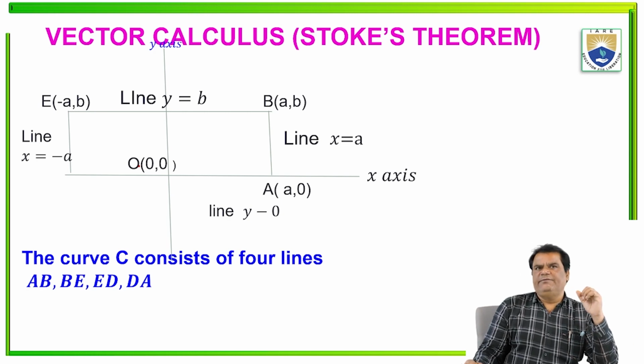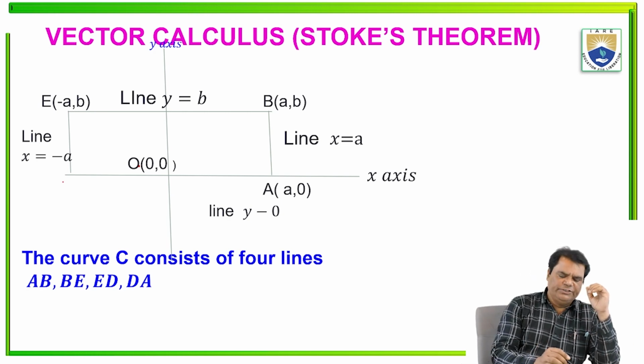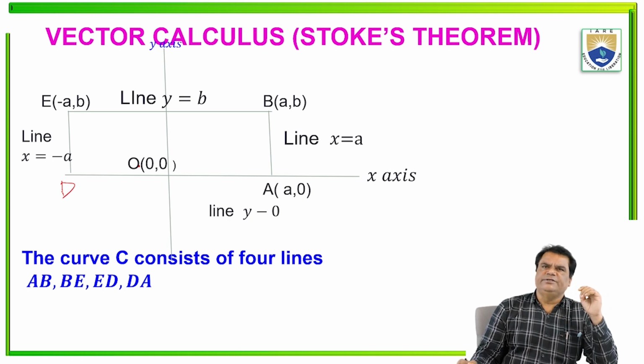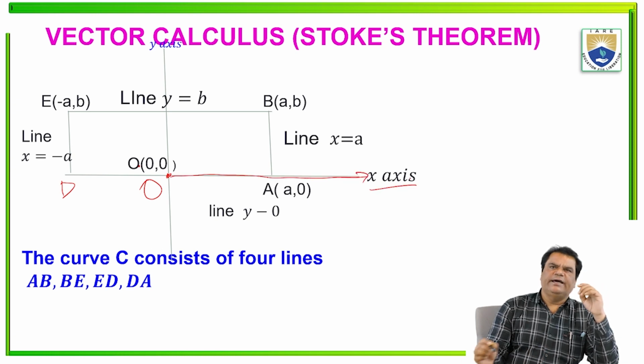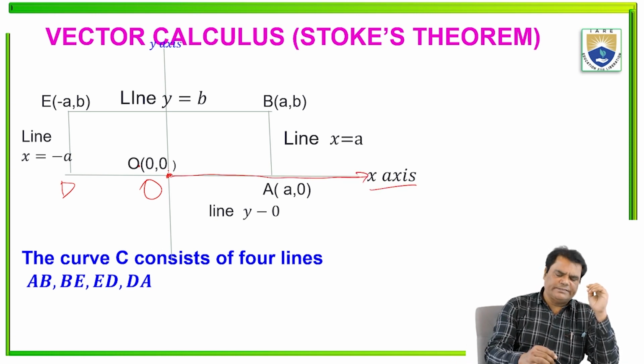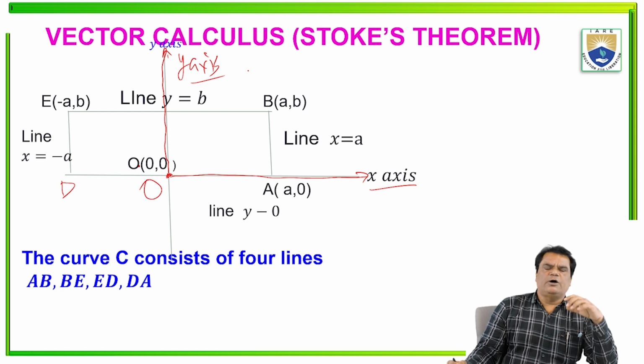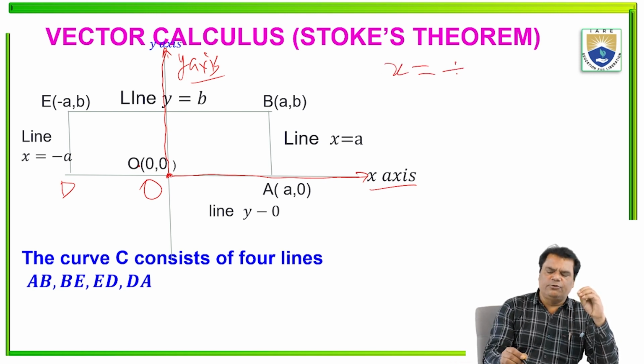This is rectangle ABCD. So this is the origin O. This is the x-axis and this is the y-axis. Now, in our boundary values, we have x equal to plus minus a, means x equal to plus a and x equal to minus a.